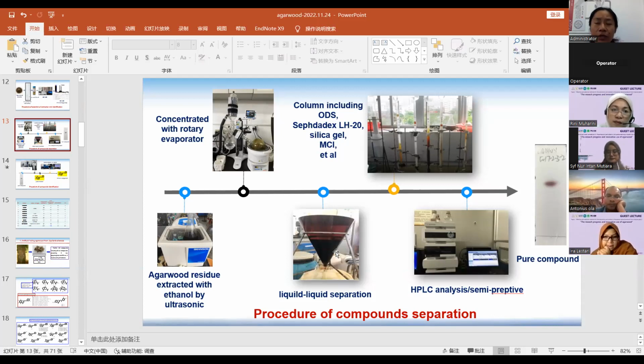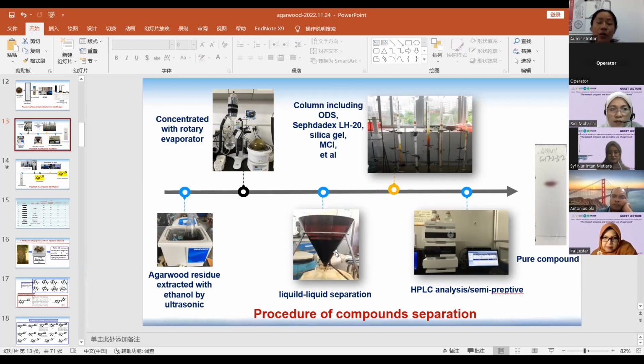But for agarwood, according to experience, the butanol part does not have much sample, because the main compounds in agarwood are sesquiterpenes and chromones. They belong to the low polarity and middle polarity parts, so the high polarity part does not have so many compounds.